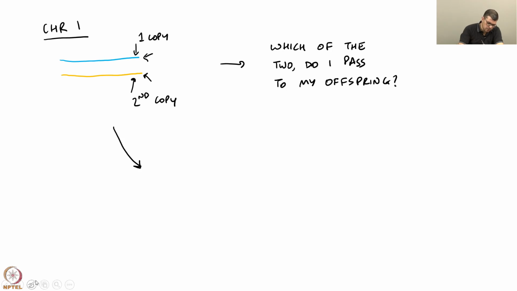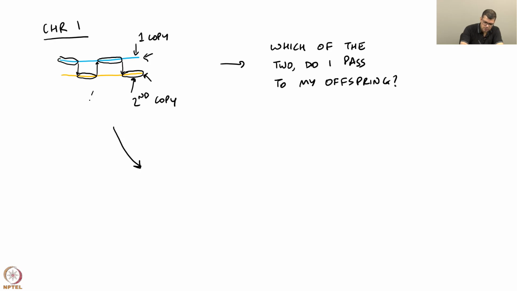It will start with this one, and then at some point in the chromosome it jumps to the other copy, and then it continues with this one for a while, and then it switches back to the original, and then it may copy this for a while, and then it may switch back to the second chromosome again and go all the way.